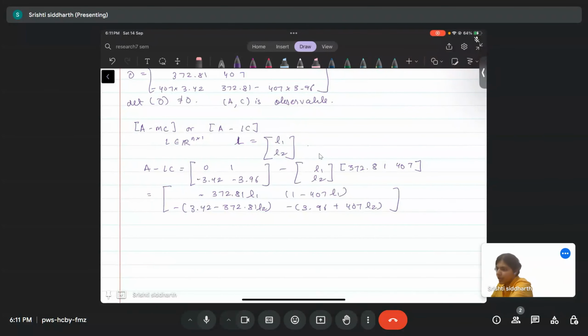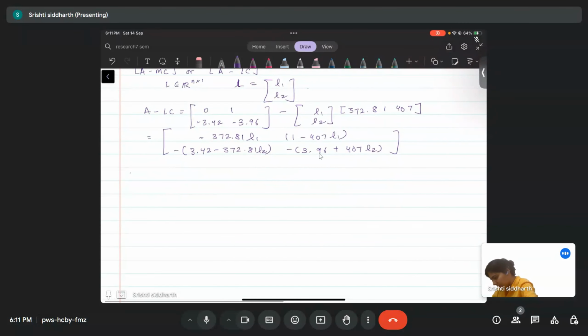The next step is to calculate the characteristic equation of this matrix. I'm just going to write this down directly. You can check it.